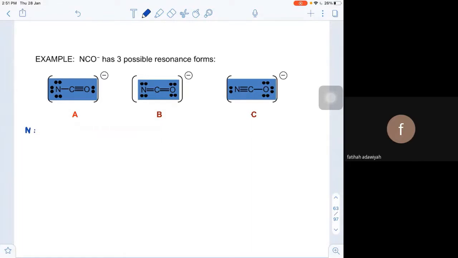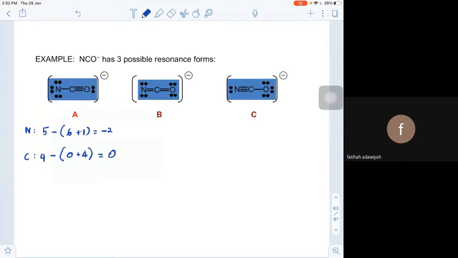For the formal charge calculation, we know that nitrogen has 5 valence electrons, minus 6 unshared electrons, plus 1 bond made, so it is equal to -2. As for the carbon, carbon has 4 valence electrons, minus 0 unshared electrons, plus 4 bonds made, it is equal to 0.